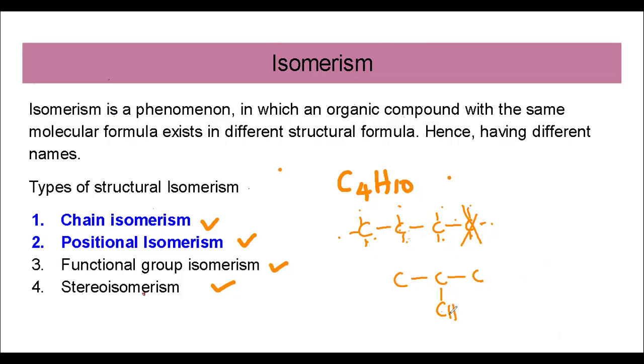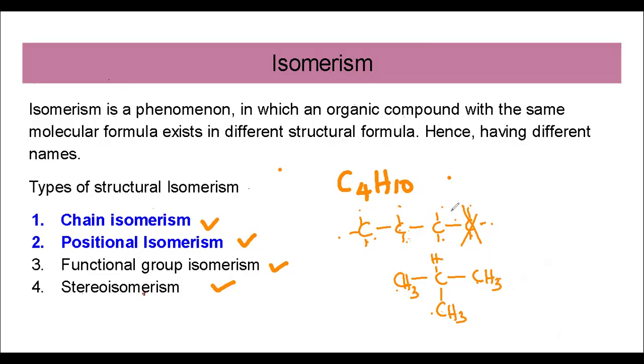So it becomes a side branch in the main chain. But it is still the same. If you count the carbon, it is still 4: 1, 2, 3, 4. Count the hydrogen, you realize that you still have 10. 3 plus 3 is 6, plus another 3 is 9, plus 1 is 10.